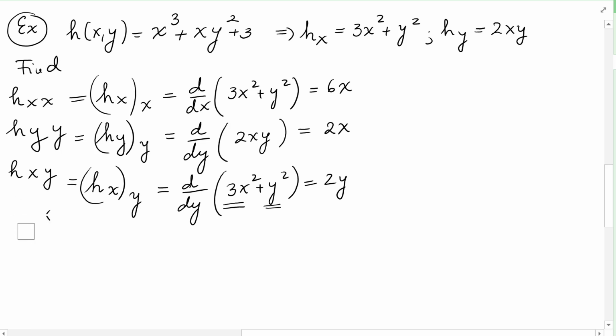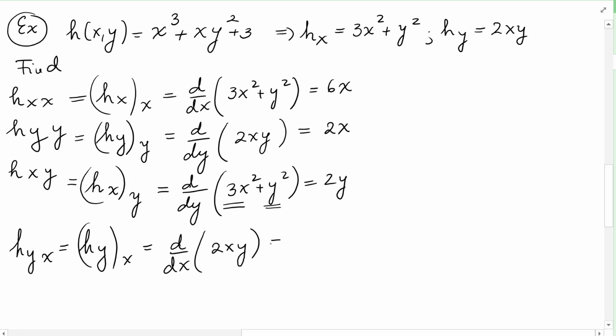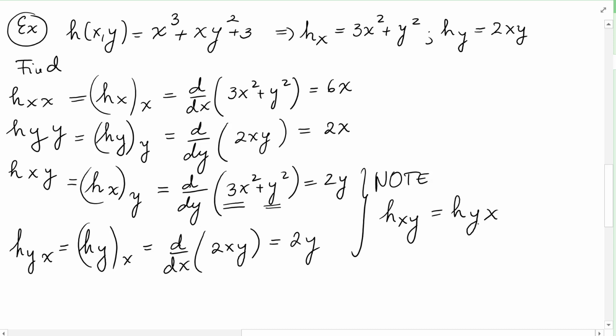And the last one, h sub yx, is h sub y differentiated with respect to x. So we have d/dx of h sub y, which is 2xy, and when we differentiate this with respect to x, we get 2y. So we also want to note that h sub xy equals h sub yx. So the mixed partial derivatives are equal to each other.